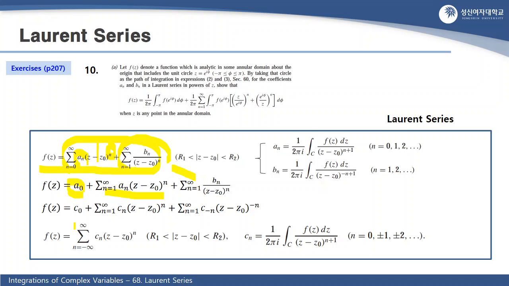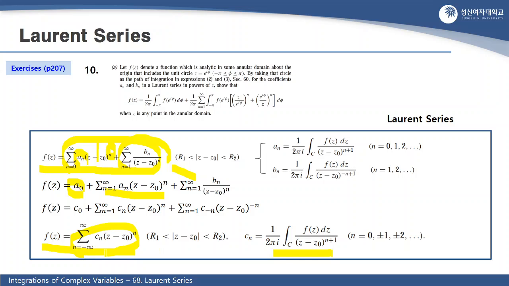Also there is another formula for the Laurent series. f of z is equal to the summation n from negative infinity to infinity of c_n times (z minus z naught) to the power of n, where c_n is 1 over 2 pi i times the integral along C of f of z dz divided by (z minus z naught) to the n plus 1.